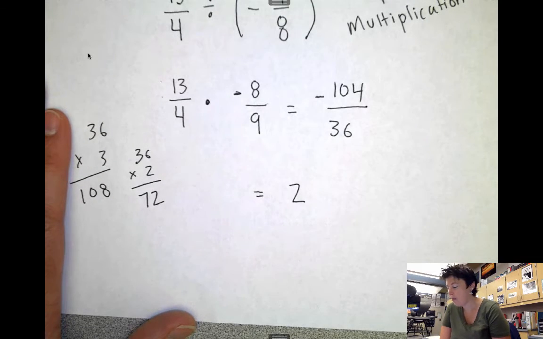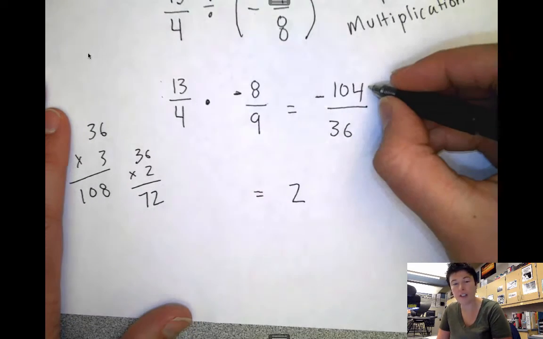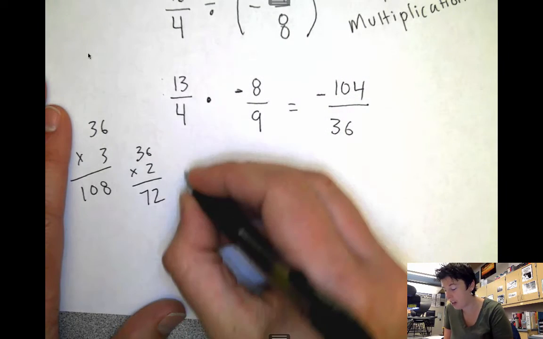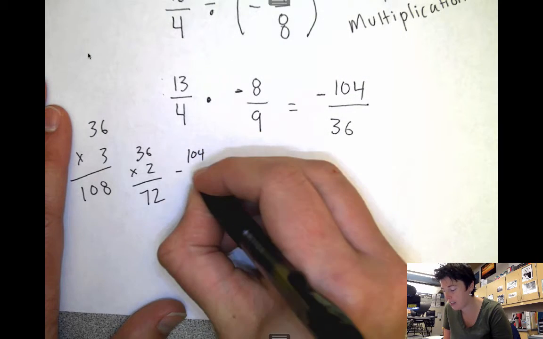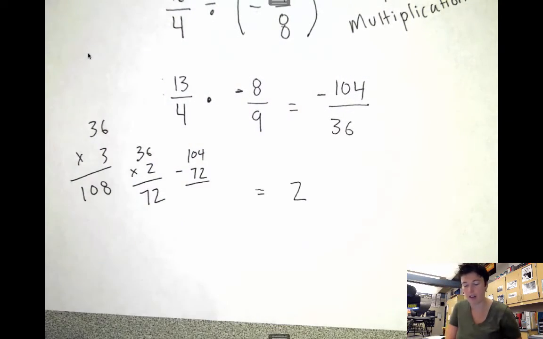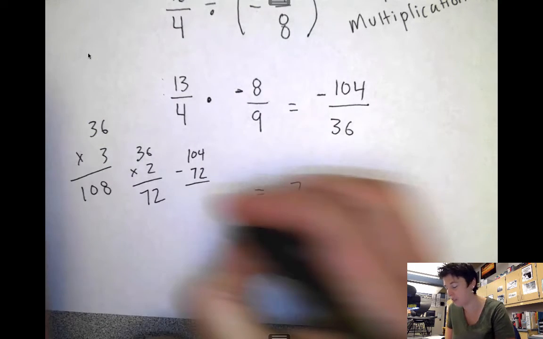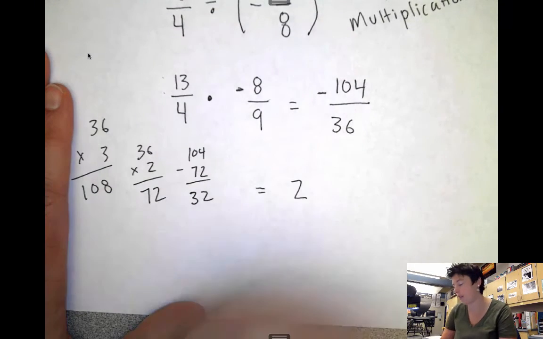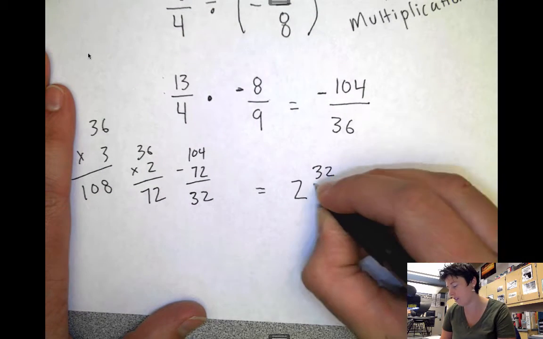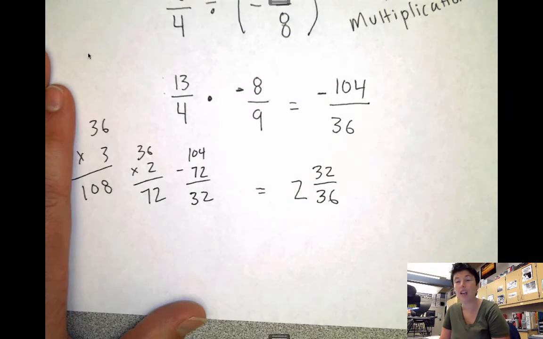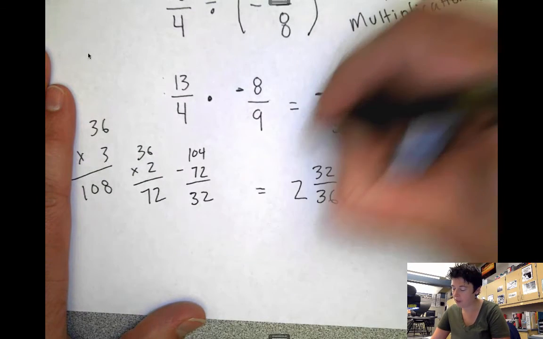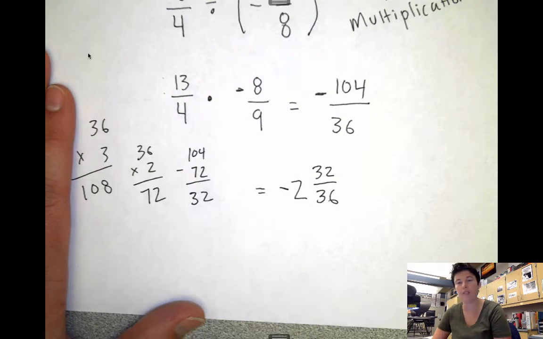So my remainder is 104 minus 72, which is 32. So I have a remainder of 32 out of 36. And because it was a negative, this is negative 2 and 32/36.